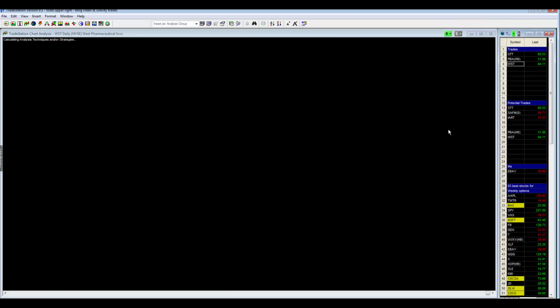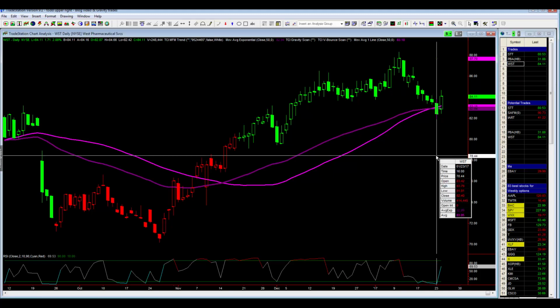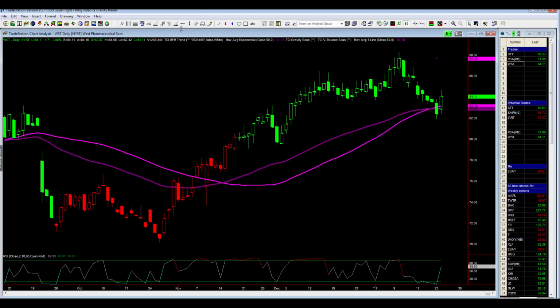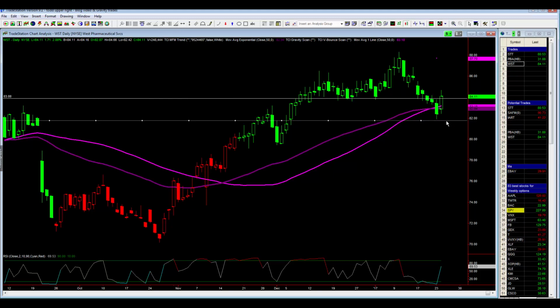Let's go to WST. WST, beautiful setup. You're looking to buy it above the high of 83.79 to 83.84. 83.84 was the buy. We traveled as high as 84.66. So let's put a reward to risk on this trade. This is the buy. This is your initial stop. Again, between the two white horizontal moving averages is your R, which stands for risk.